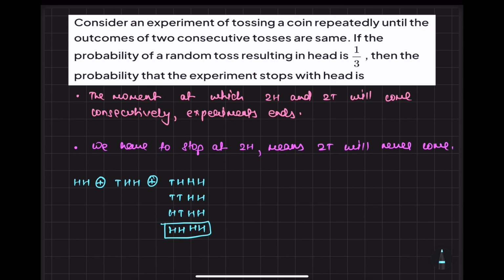Because you already got 2 consecutive heads. So this case will be rejected. Similarly, this case will also be rejected because you got 2 tails. Okay, so you have to stop at 2 tails, which you don't want. So this is also rejected. This will also be rejected because in between you got 2 heads. So you have to stop at 3 trials. You cannot go with the 4th. Okay, so this is the correct idea, means head, tail, head and head.